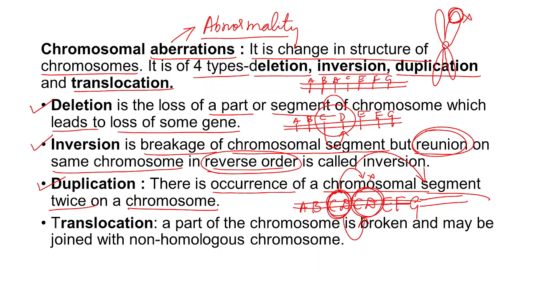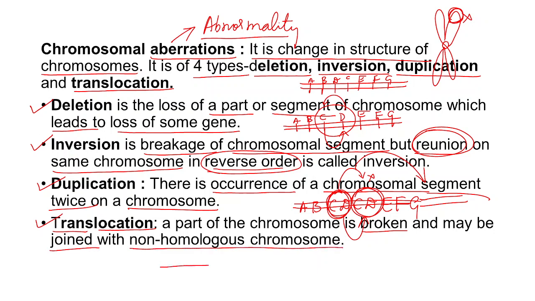Clear? Next one, the next type of chromosomal aberration is translocation. By the name itself you can understand, translocation means the location will be changed completely. See here, a part of a chromosome is broken and may be joined with a non-homologous chromosome.